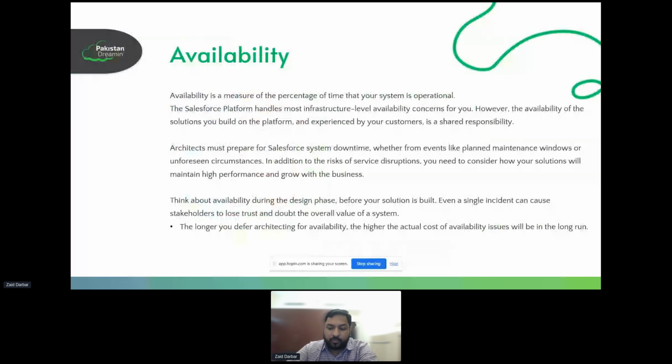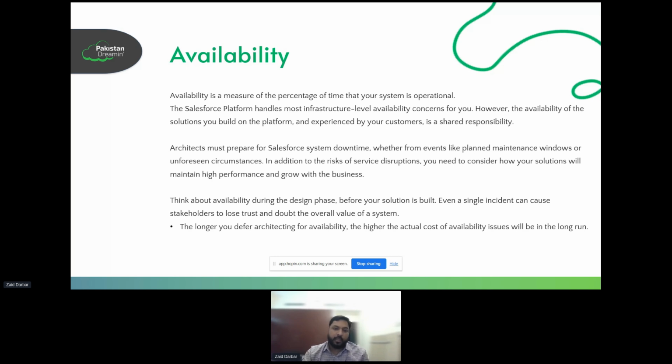That is something that Salesforce maintains, but Salesforce now also gives you the capability to do that if you want, with Hyperforce. So you can build your own AWS servers and host your application there. But generally, the infrastructure level is Salesforce's responsibility. But whatever you build on it will be your responsibility.